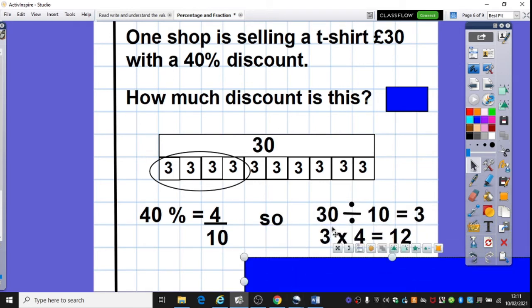We're going to do 30 divided by 10, and these are my 10 parts here, which is equal to 3. You can see that in my bar model there. So 1/10, 10% if you like, of £30 is 3. But we're being asked for 40%, which is the equivalent of 4/10. So we've divided by the denominator, and we're now going to multiply by the numerator. 3 times 4 is 12. So when it asks how much discount, 40% of £30, the answer is £12.